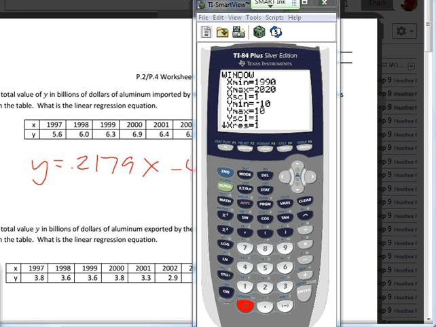So if your screen looked different than mine, where it said store linreg or store reg equation, you want to put Y1 right there. Okay? Again, that's if your calculator looked different than mine did after I said stat linear regression. I hate TI for changing their operating system because now half of you guys have it different than me, which is just awesome. Thanks, TI. All right, pausing.